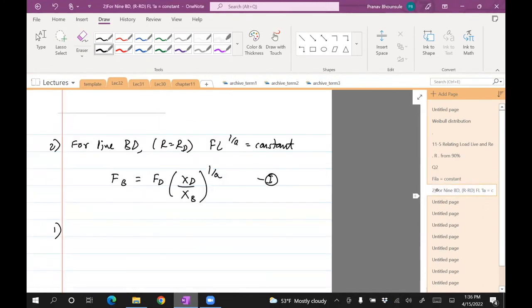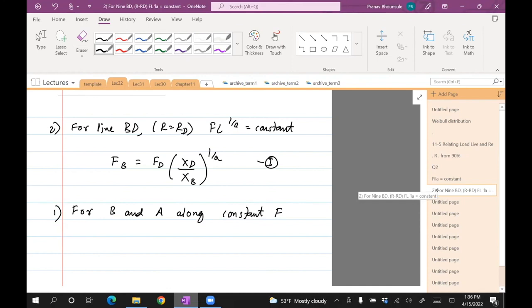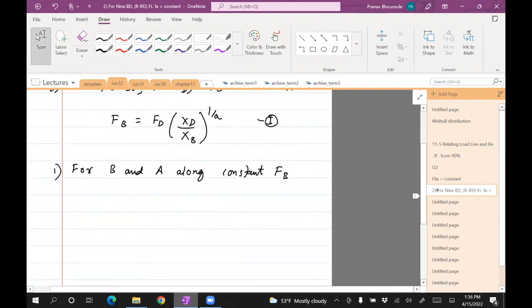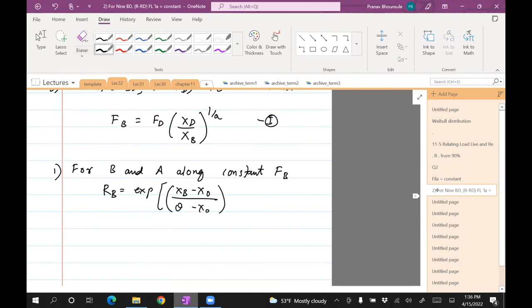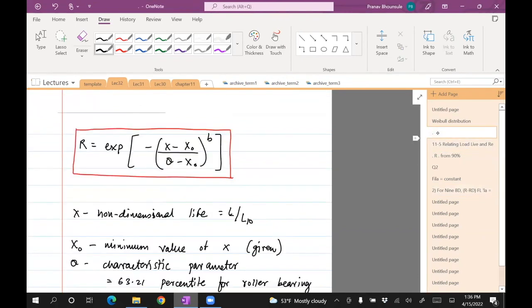So for B and A, with constant FB, we have RB equals exponential of minus XB minus X0 divided by theta minus X0, raised to B. Let me check if I got this right here. Yeah, so same equation here.